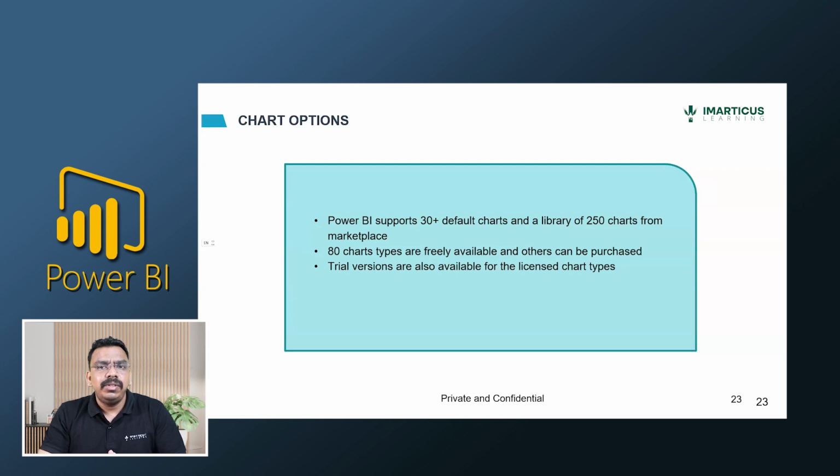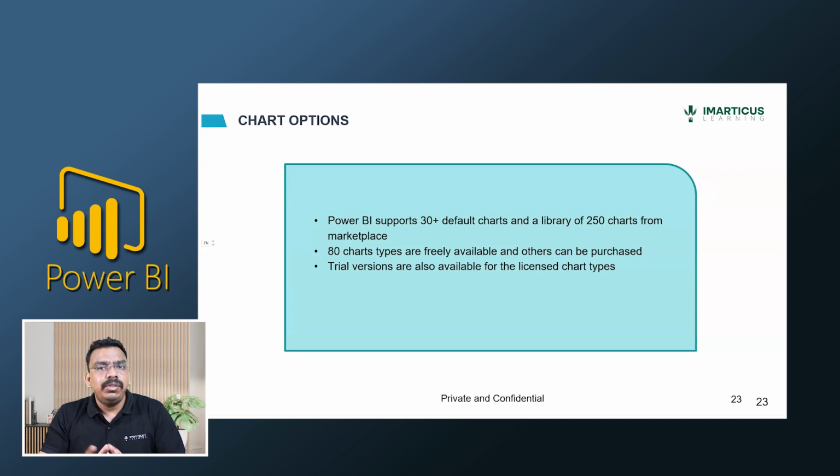Now we will discuss the chart option. Power BI supports 30 plus default charts and a library of 250 plus charts from the marketplace. But make sure that whenever you are using those 250 plus charts, you log into your Power BI account.